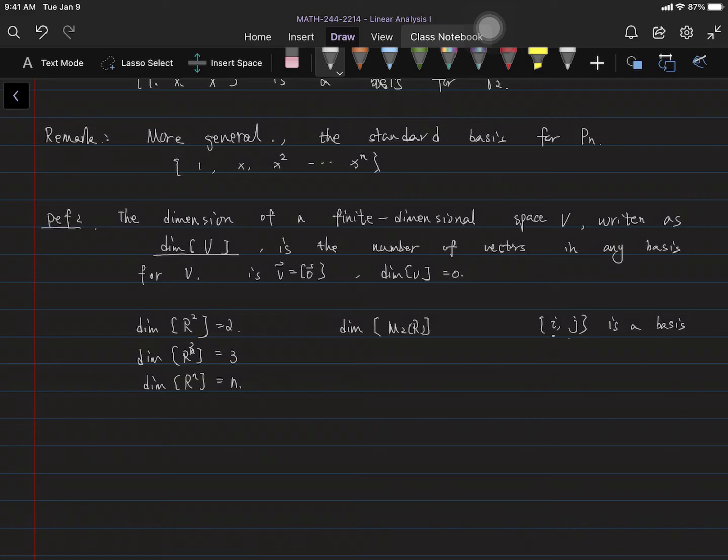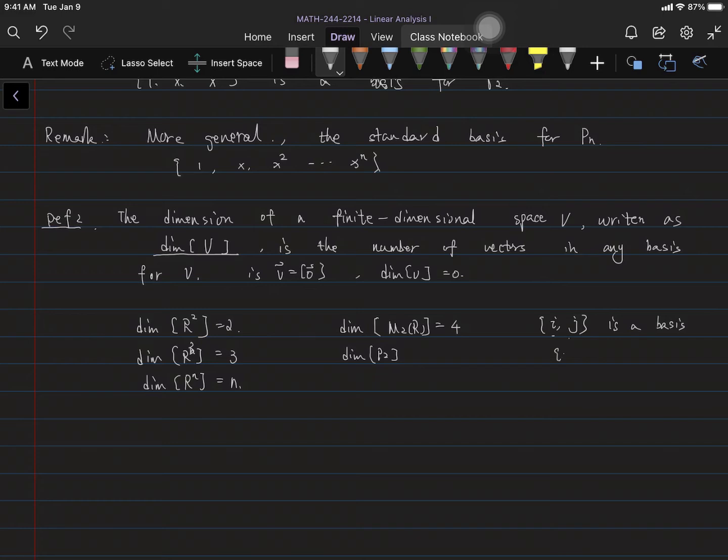Let's take a look at the dimension of M2R. Do you remember the basis for M2R? It's A1, A2, A3, A4, like in the first example. So the dimension should be 4 here. How about the dimension of P2? P2 means all quadratic polynomials.